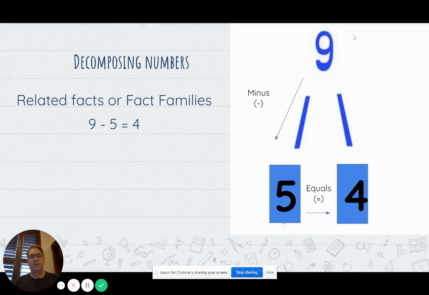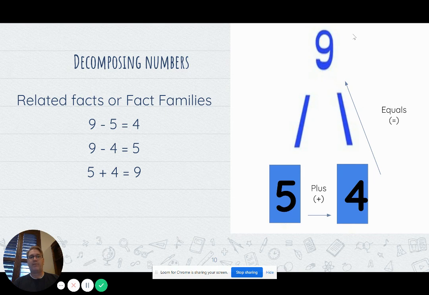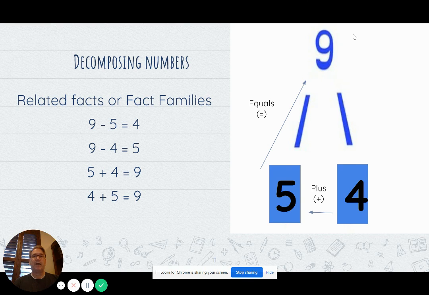And we can do the flow the other direction: 9 minus 4 equals 5. And then we have our addition facts as well: 5 plus 4 equals 9, and 4 plus 5 equals 9. All 4 of these facts together are related facts, or a fact family.